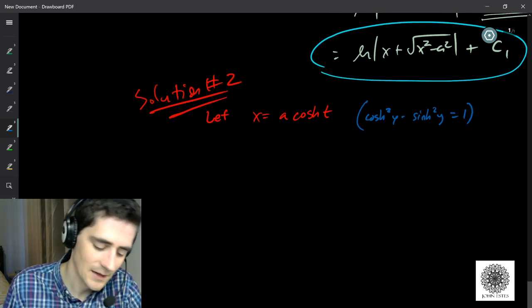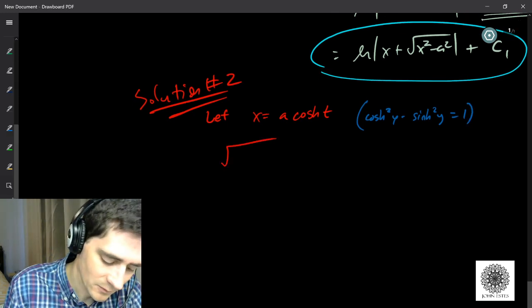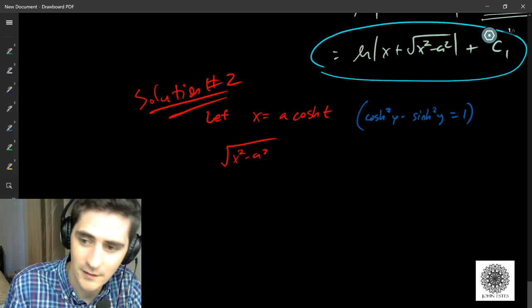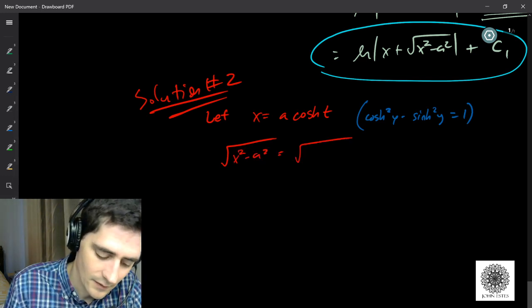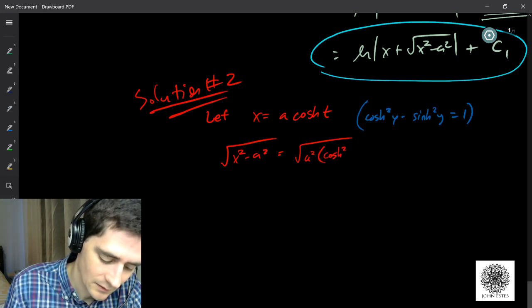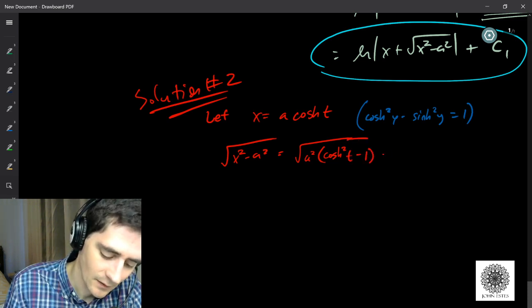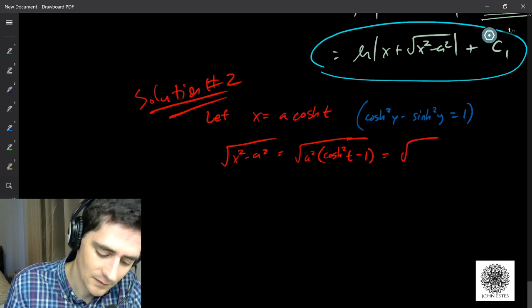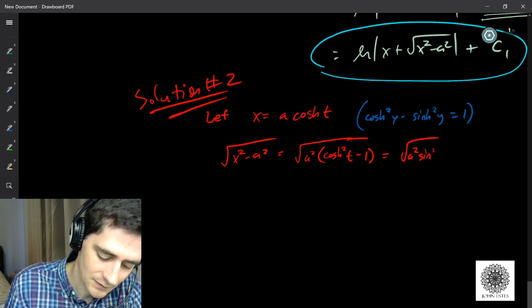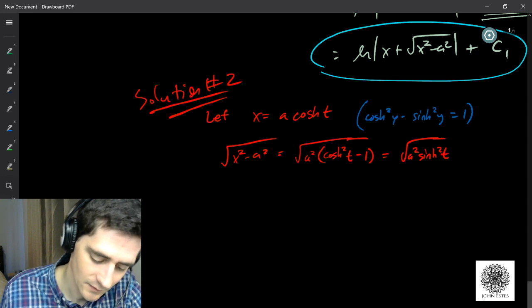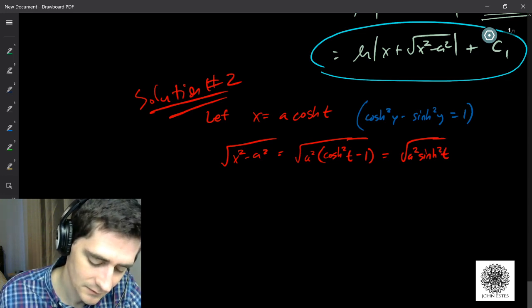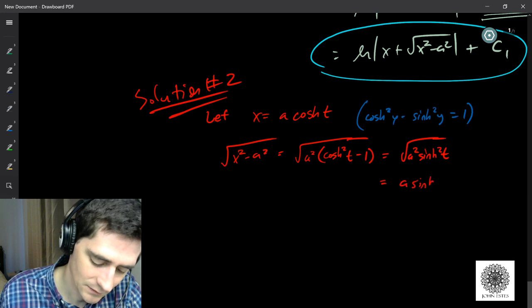Okay? And so what happens then is that this x squared minus a squared turns into a squared times cosh squared t minus 1, okay? And that is the same thing as a squared sinh squared t from our identity here. And so we end up with just a sinh t.